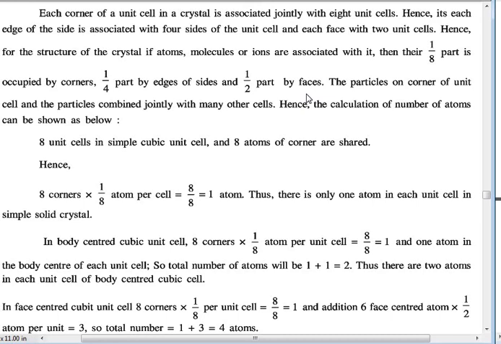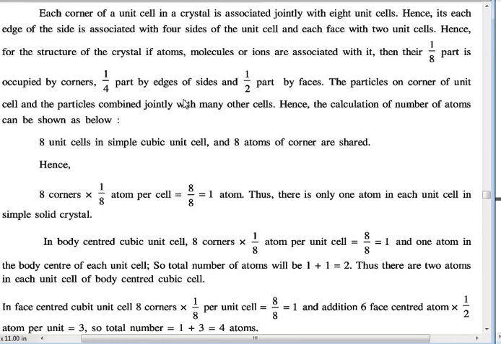So if we are finding the number of atoms present in the unit cell, what will be the calculation? This is what you are actually going to remember: the 1 by 8 part is occupied by a corner, 1 by 4th part by edges, and 1 by 2 part by faces.